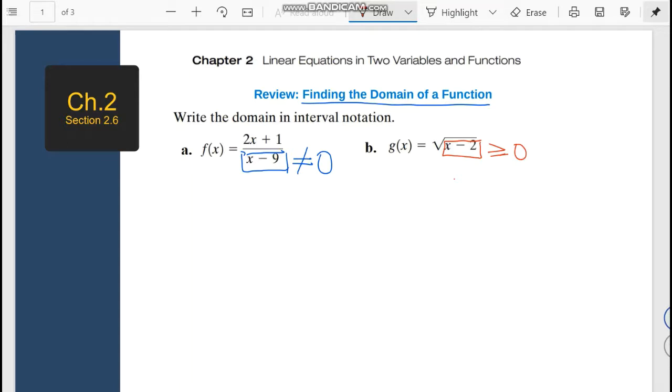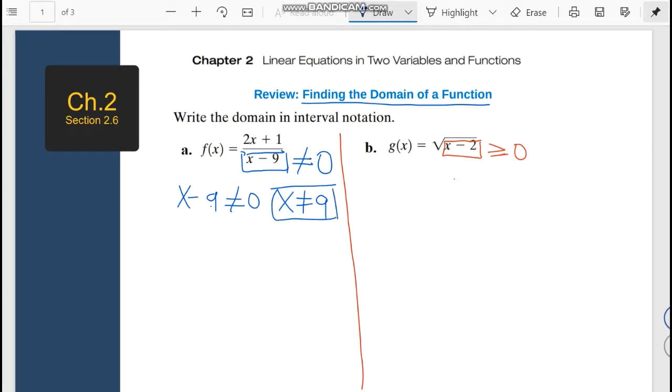You probably remember then real quick how we solve each one. This first situation here, we write down x minus 9 different from 0. That means x different from 9. We're going to remove number 9 from the domain.